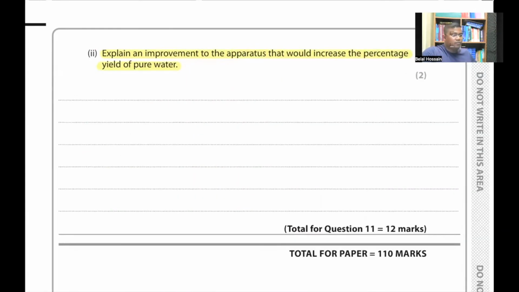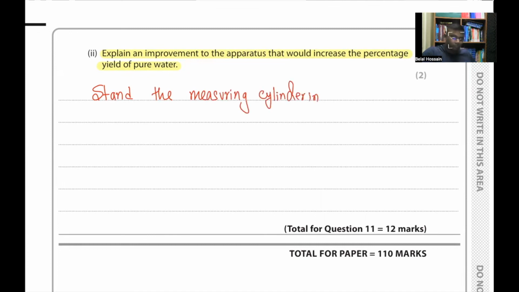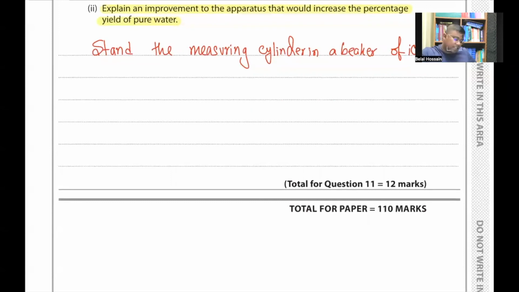So we can say, stand the measuring cylinder in a beaker of ice. This can be an improvement. Other than that, we can replace the delivery tube with a Liebig condenser.